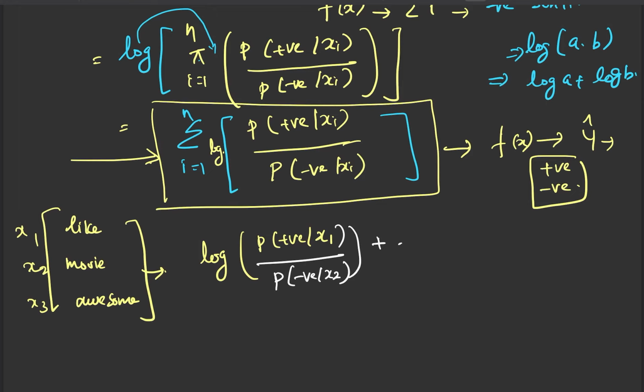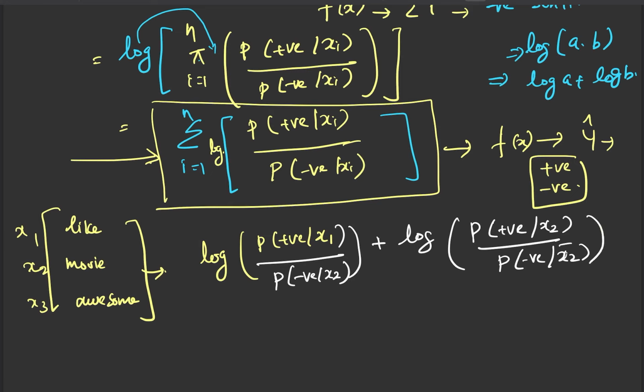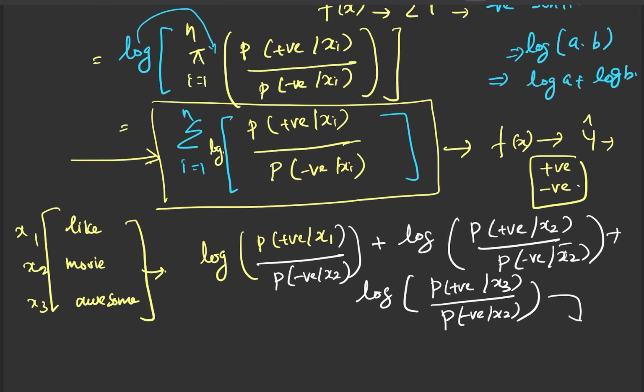Similarly, I need to calculate the same log ratio for the second word, movie: the probability score for the positive class for x2, and the same for the negative class for the same word x2. And then finally, the log of the ratio of the positive class given x3 over the probability of the negative class for x3, and then we will get the final score.